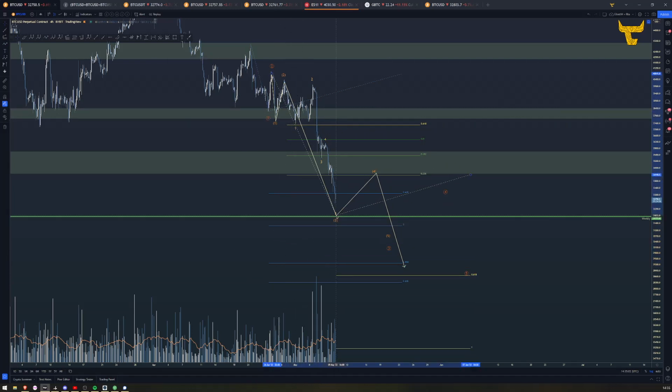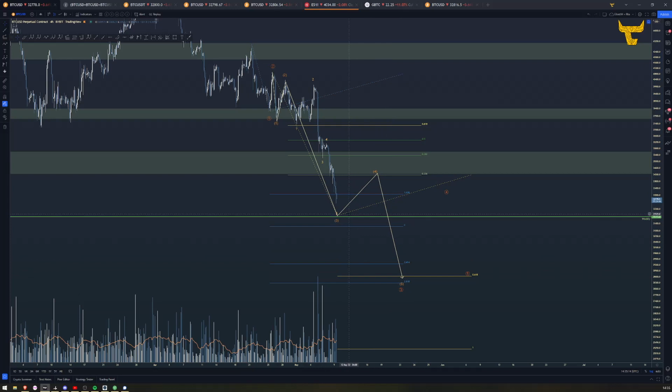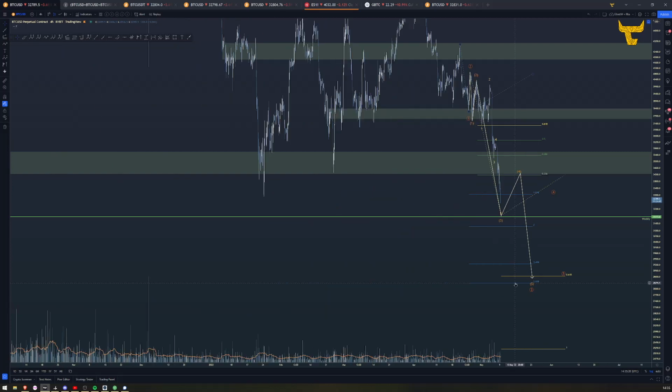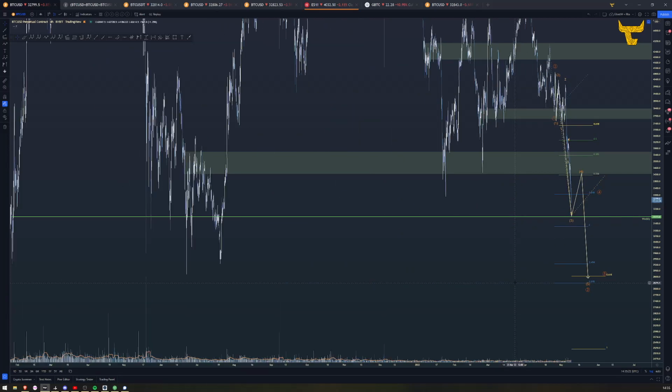And now if I take 1 plus 3, 0.618, coming closer to the 261.8, potential confluence for this wave 3 in red. So potentially a big move down. In fact, that could make sense here. Big move down.